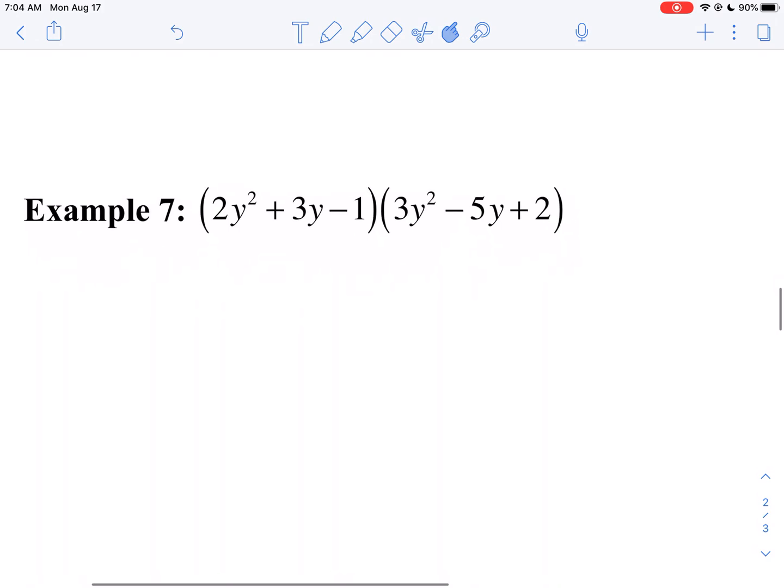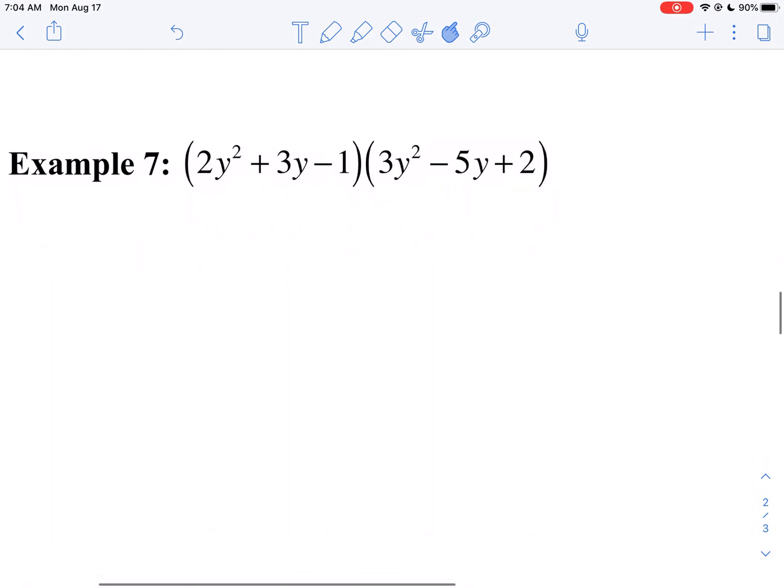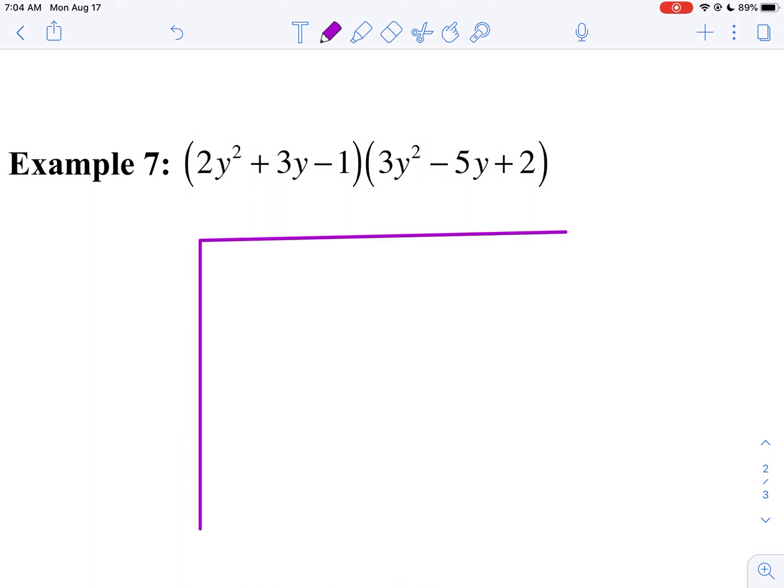On example 7, I'm going to show you something called the box method. It's the same thing. It's a way to remember how to distribute. Now this one I would triple distribute because I have 3 terms in each one. So when I have more than 2, you're going to find out I like to use the box method. And this is why I call it the box method, because I draw a box.